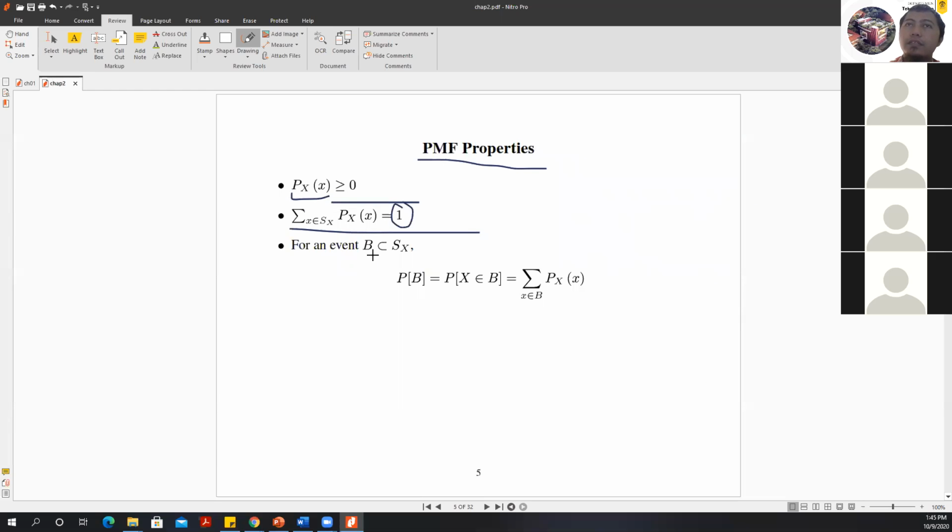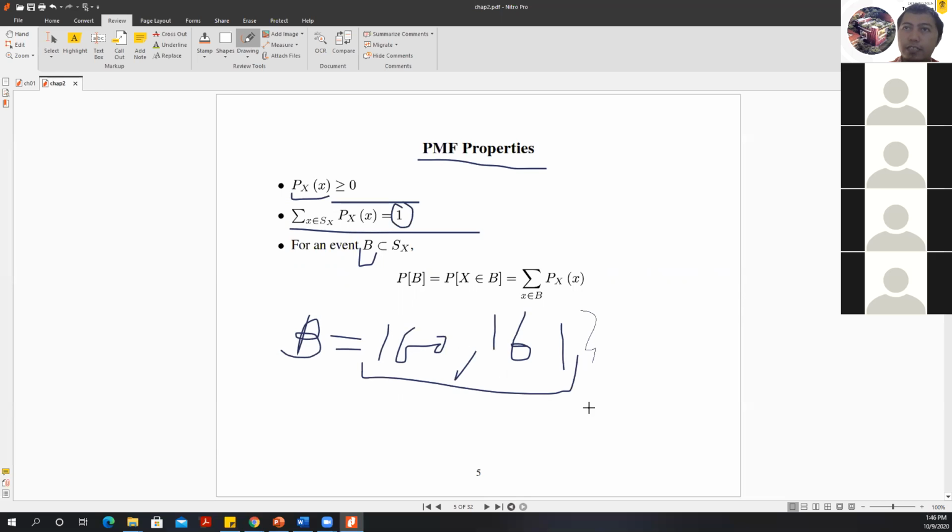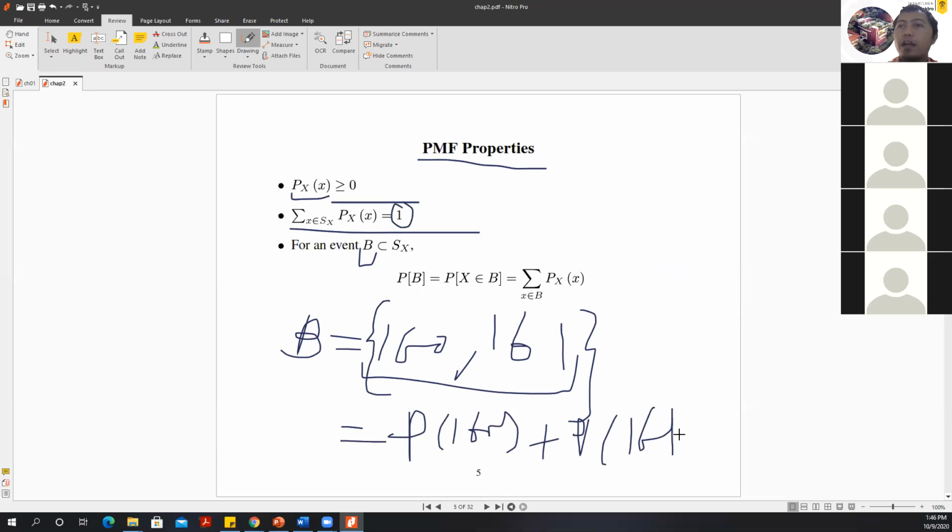And for the event B, a subset of the sample space, let's say B equals 160 and 161, the members of B. So the probability of B equals the probability of 160 plus 161.